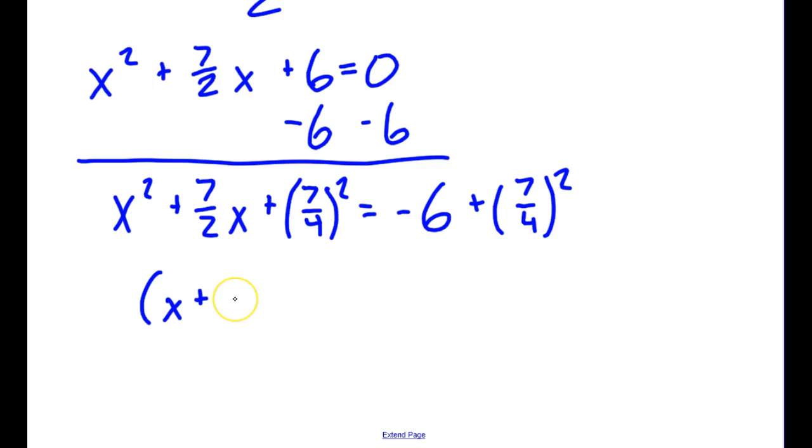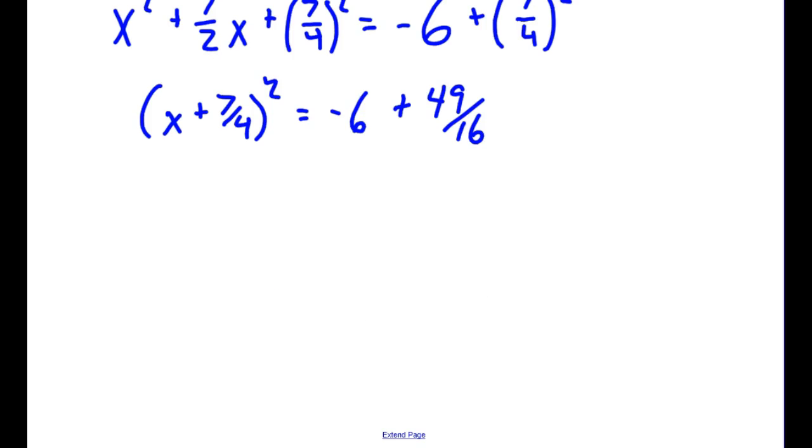The value that goes here is our b over 2, which in this case is 7 over 4. So we have x plus 7 over 4, that quantity squared, equal to, if I take 7 squared, that's 49 over 16. So I have negative 6 plus 49 over 16.